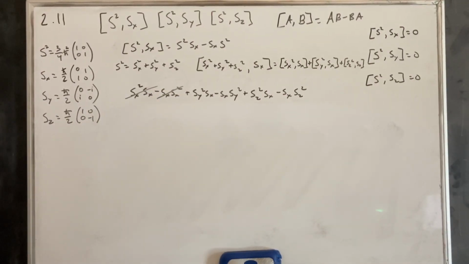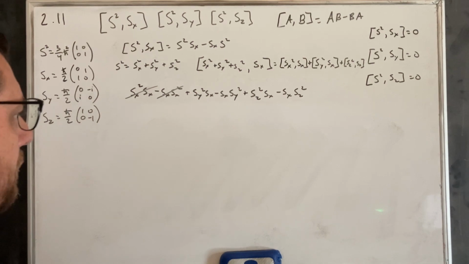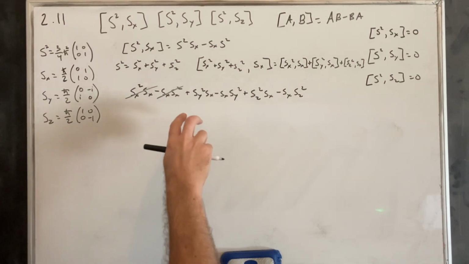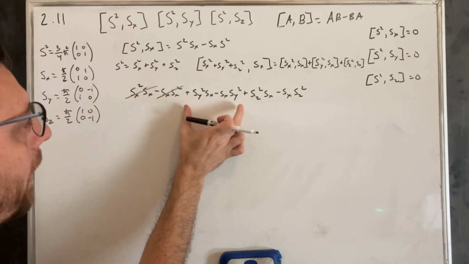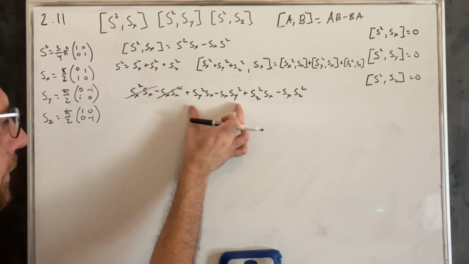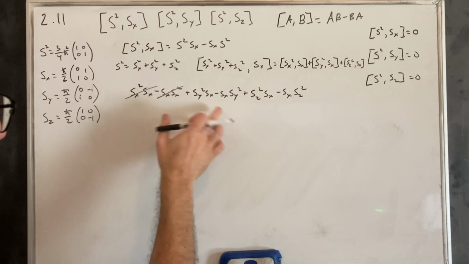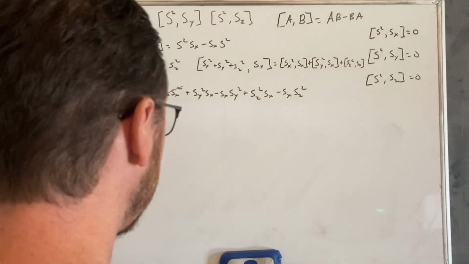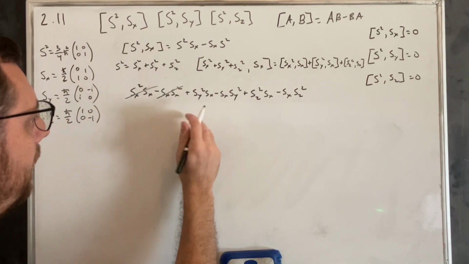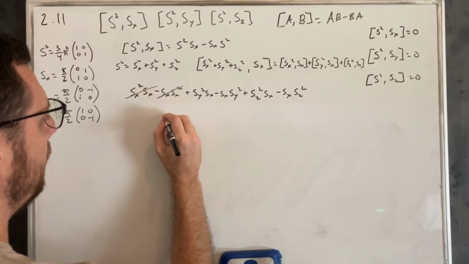All right, so now we can start rearranging some things, but we got to be really careful with how we do it. Remember, these are all matrices, so the order matters. So we can't just pull out an Sy of these two terms, because if we were to multiply them back, we got to remember that this has to go in the front and this one has to go in the back. So again, I got to be really careful with how we do this. I will pull out an Sy from this term here.